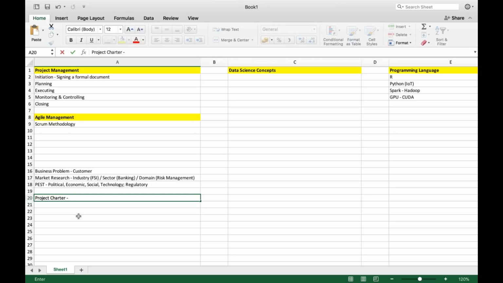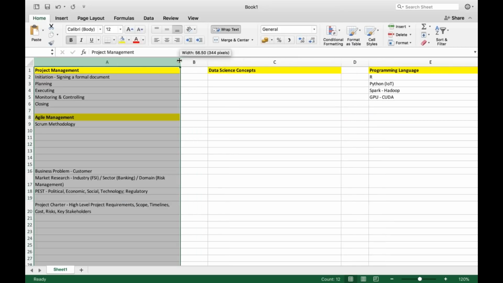But that's not right. Nevertheless, even if they give it, the project charter will contain high level project requirements, high level project scope, high level project timelines, that is milestones and all that, high level cost, high level risks, and the details of key stakeholders.